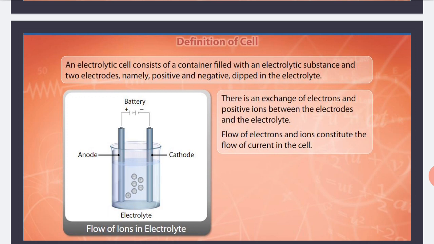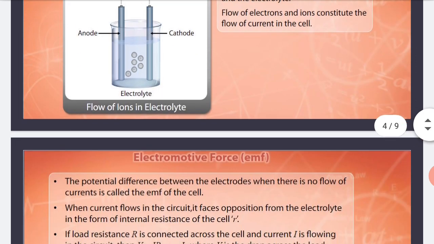The electrolyte is also used in the vessel. There is an exchange of electrons and positive ions between the electrodes and the electrolyte. The flow of electrons and ions constitutes the flow of current in the cell. That makes clear how current flows in the cell.